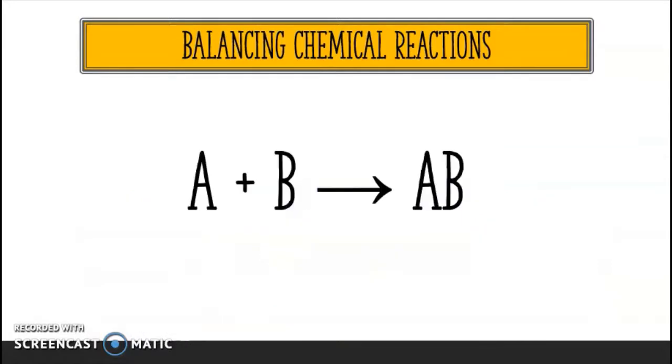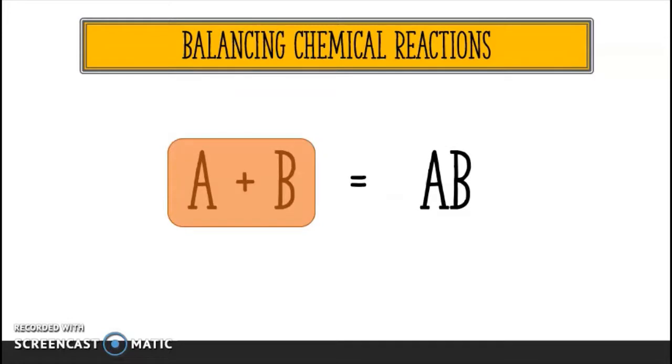Now, when you're taking a look at a chemical equation, what that really means for us is that the number of atoms on the reactant side has to absolutely equal the number of atoms on the product side. That means that matter was neither created nor destroyed, only rearranged.